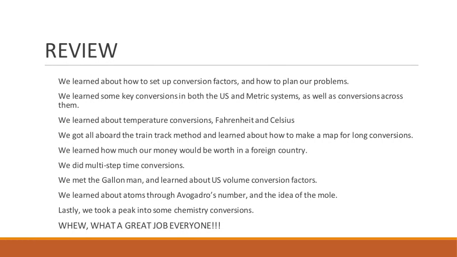We learned about temperature conversions, Fahrenheit and Celsius, and I even tossed in Kelvin for those of you who are going to be doing science more often than others. We all got aboard the train track method, and we learned that once we have our plan, if you set it up like that, you can really just chugga along. You know what I mean?